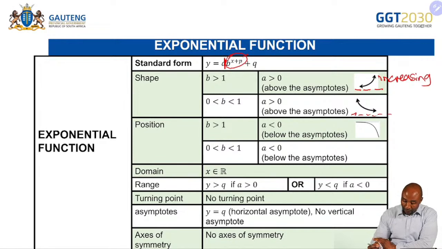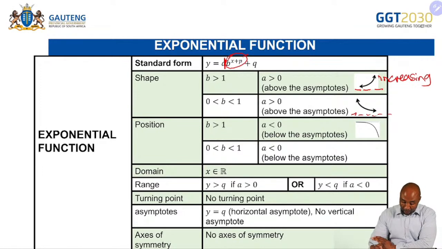And then if our b is greater than 1, a determines the shape, as you can see. If a is positive, it's an increasing function. If a is negative, you reflect about the asymptote. You will see as we do questions along.